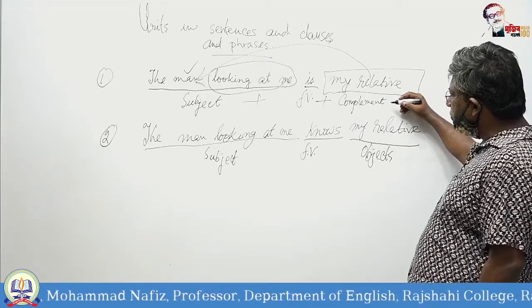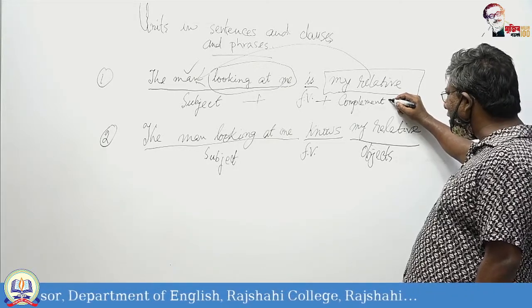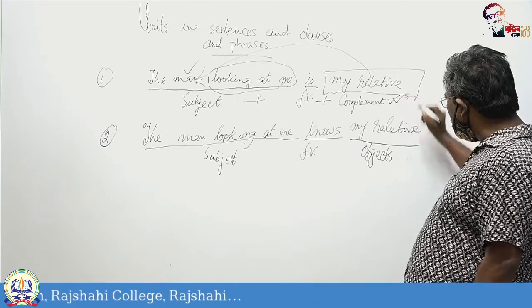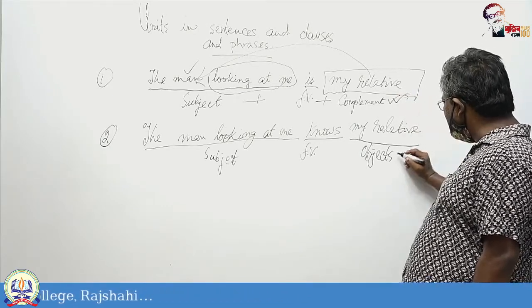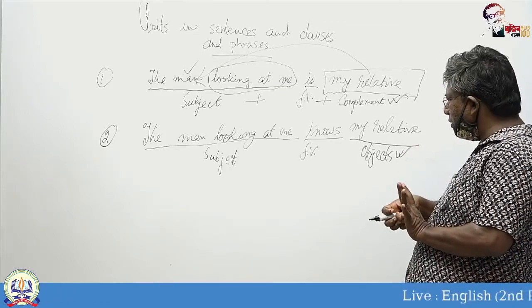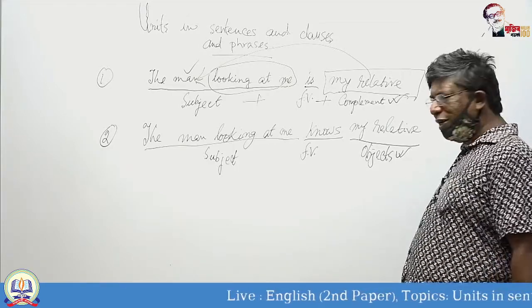Some of the nouns that follow the finite verb are called complements. Some of the noun or noun phrases that follow the finite verbs are called objects.